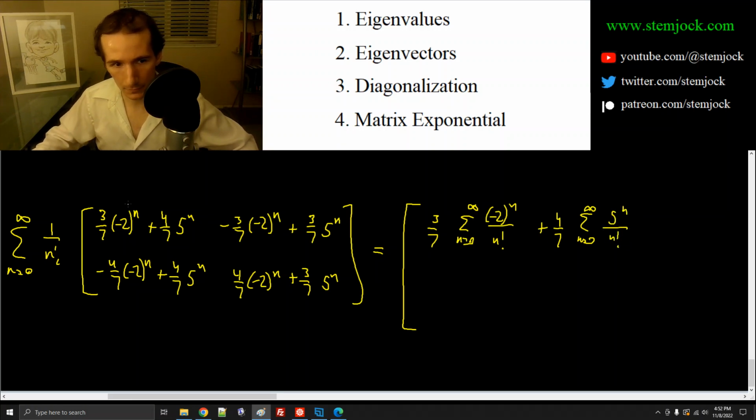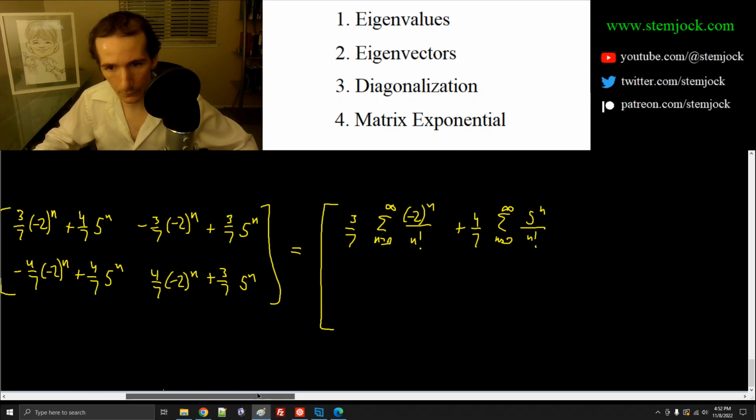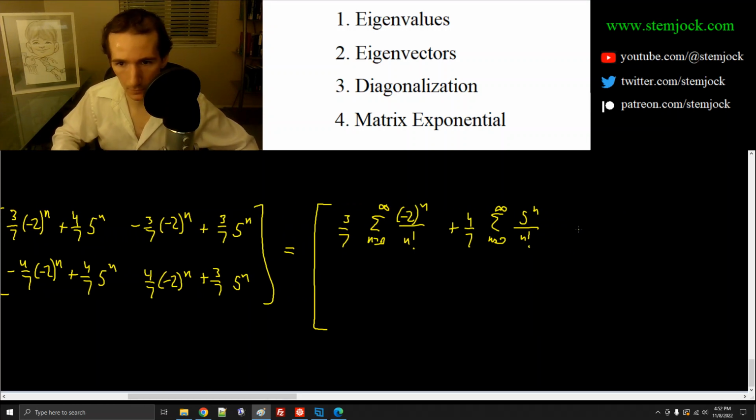So that's the top left, and now for the top right, it's going to be negative 3/7 sum, negative 2 to the power of n over n factorial plus 3/7 sum, 5 to the power of n over n factorial.